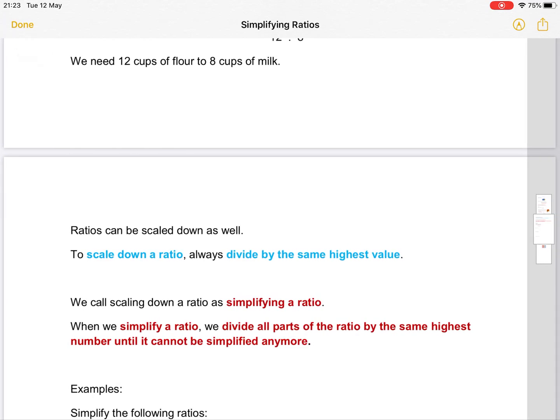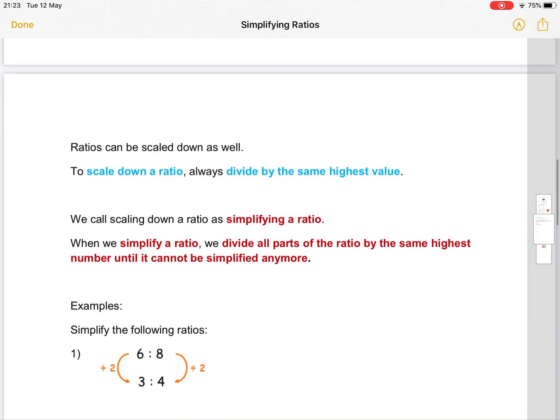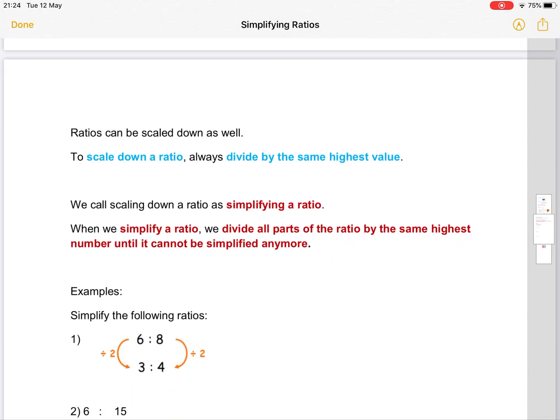If, just in case, we don't divide by the highest number, then we divide by a number, and then we look at the answer and check, can it be simplified further? If yes, we continue. If no, we stop.